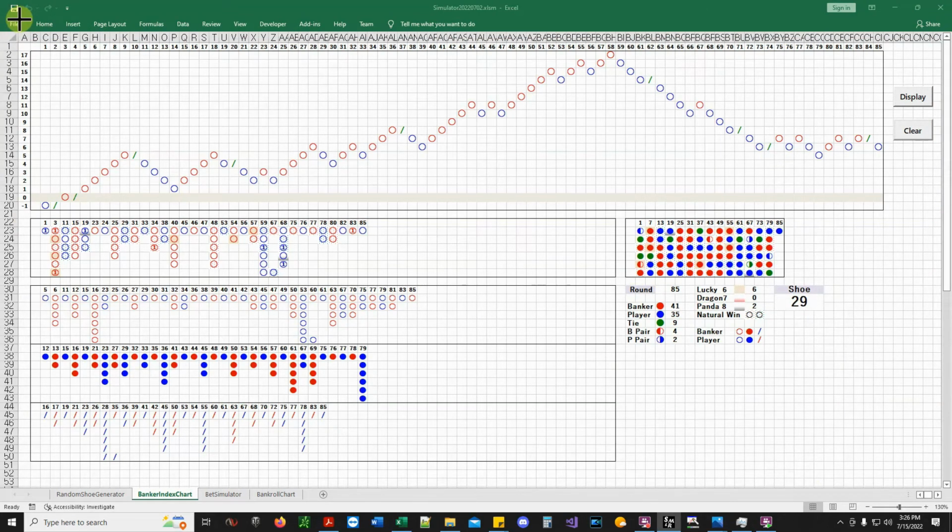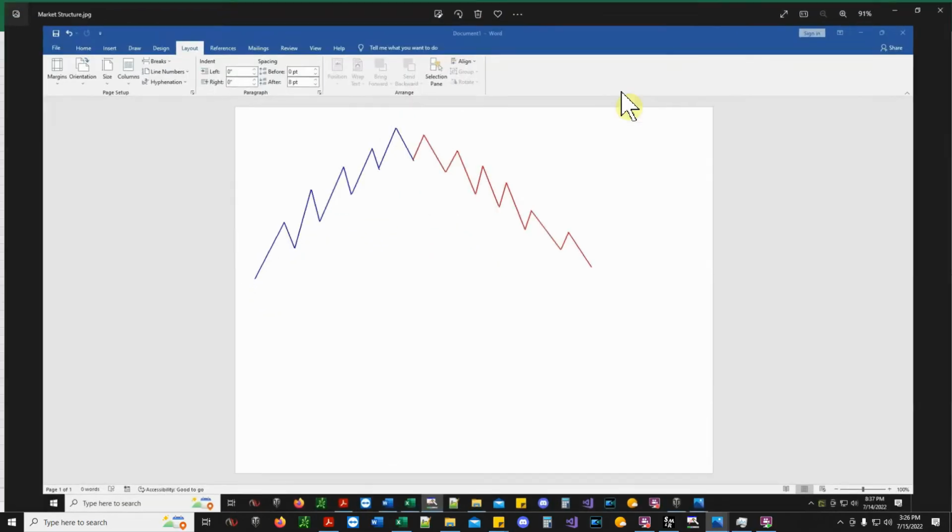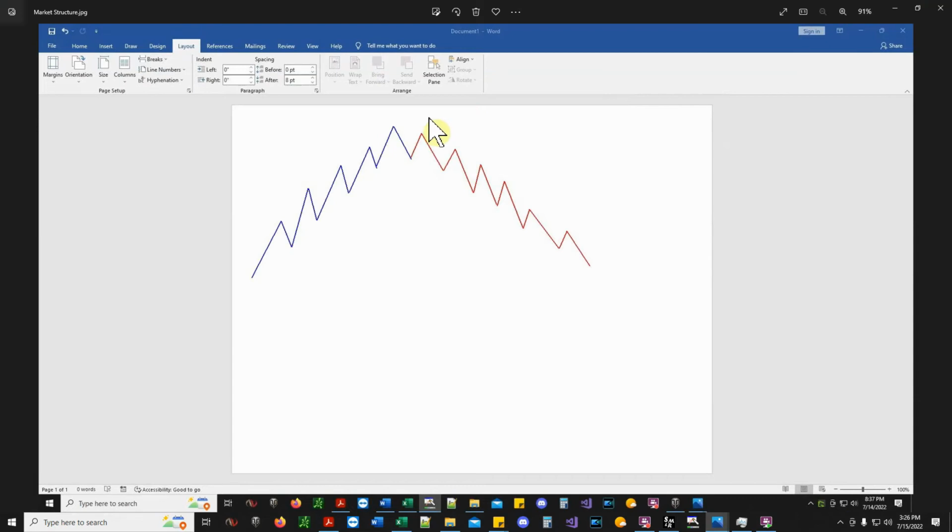So let's also look at a transition, so you have an idea of what a transition looks like. This right here is how a chart looks when it starts to transition from one way to the other.